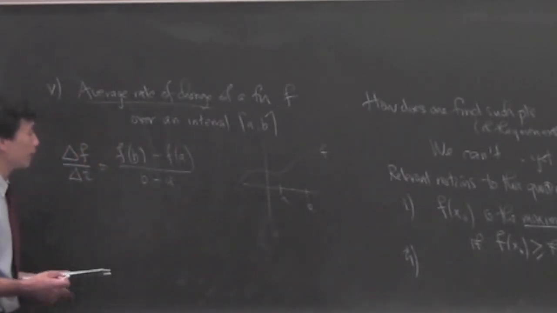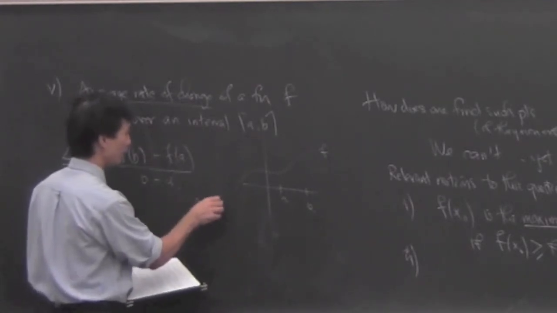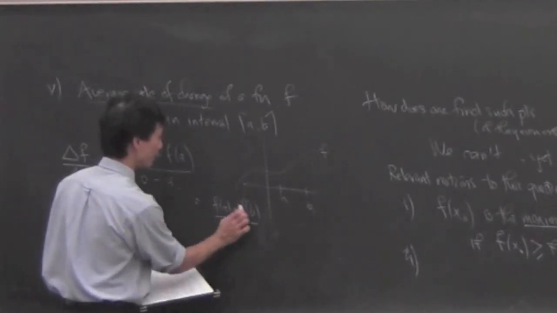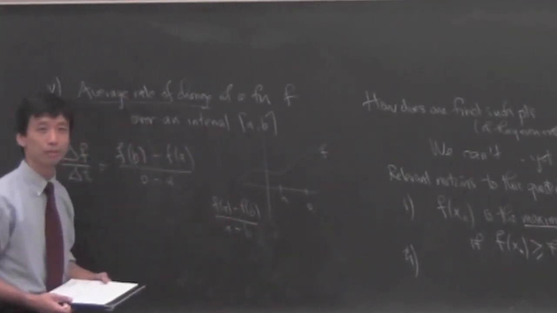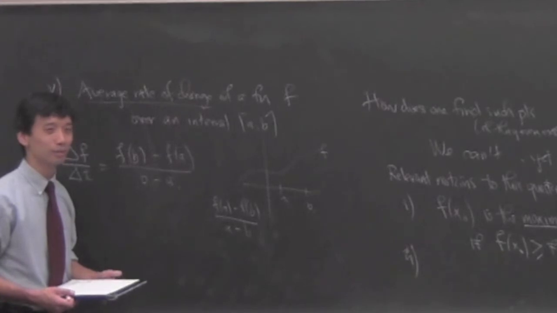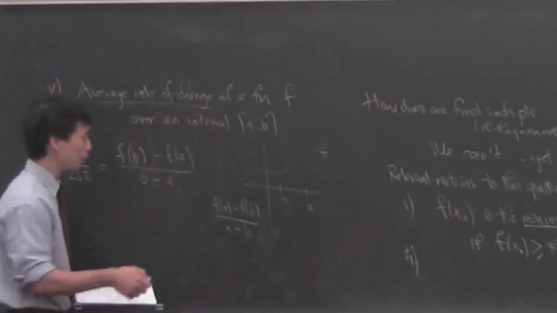Okay. Notice that this is the same thing. So Caroline said f of a minus f of b over a minus b. Is that wrong? No. Why not? It's the same thing.